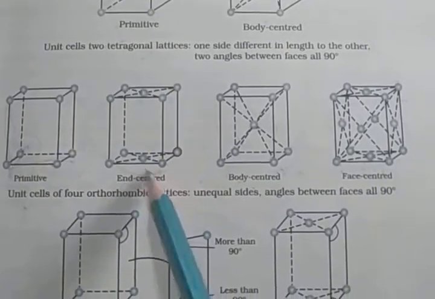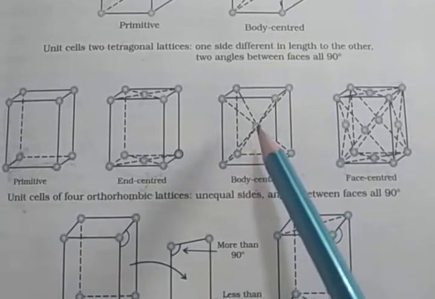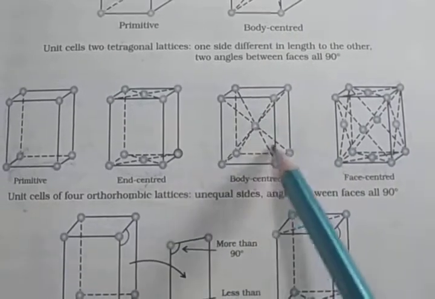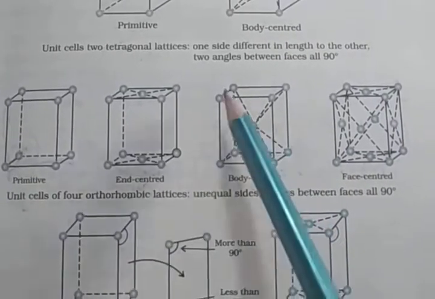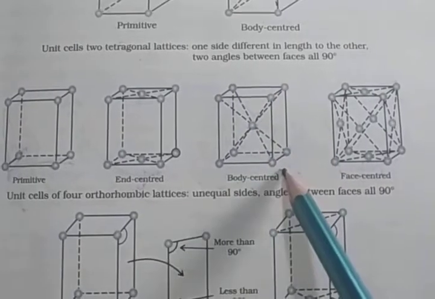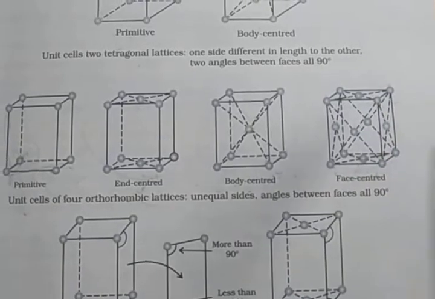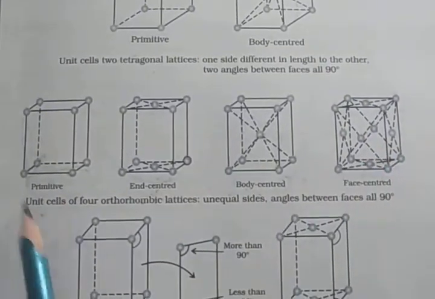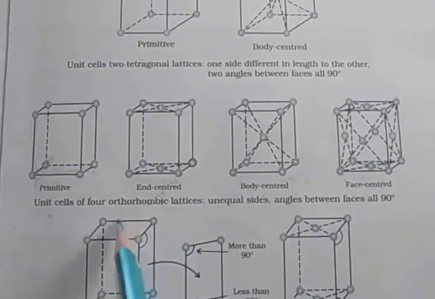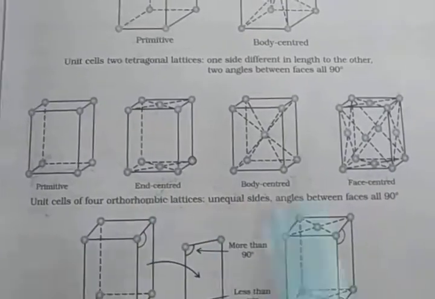Body centered has one constituent particle at the center and others on the corners. Face centered has particles on all faces and corners. So four possible variations are present in the orthorhombic lattice.